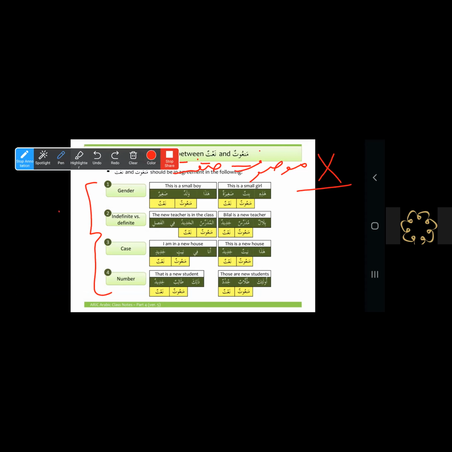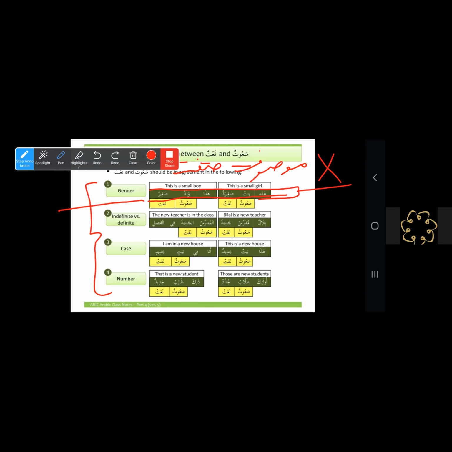The first thing you need to take care of is the gender. Like هذا ولد صغير. تمام? You need to focus on this green example. هذا ولد صغير. But when I say بنت, هذه بنت صغيرة. Not صغير. I can't say هذه بنت صغير. بنت is a girl, so I have to say صغيرة.